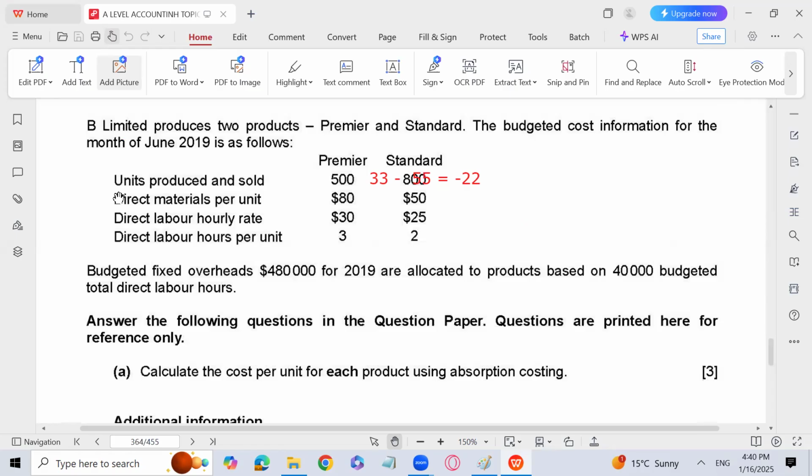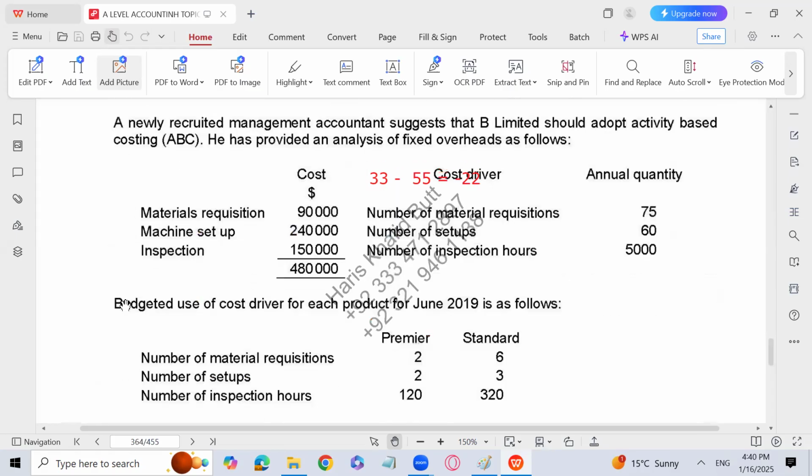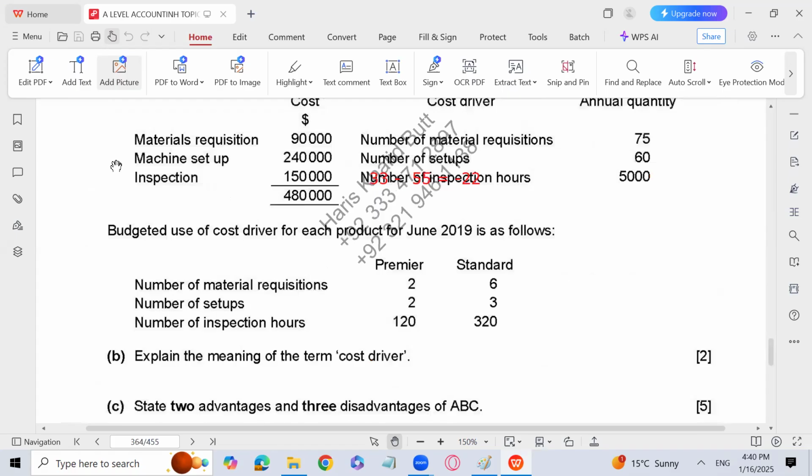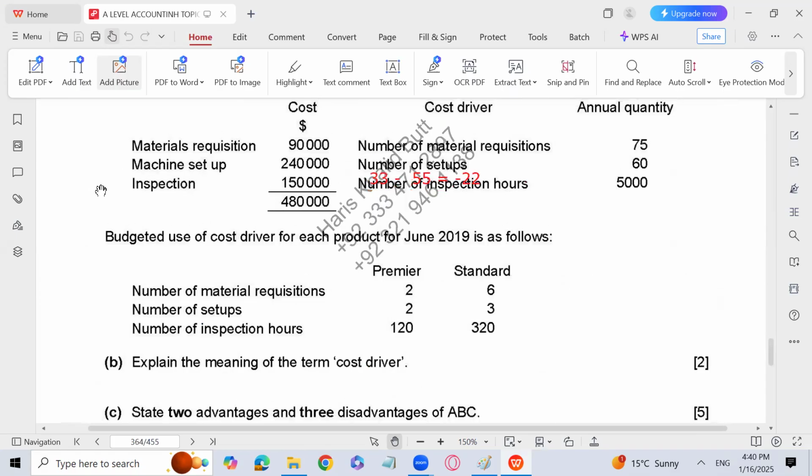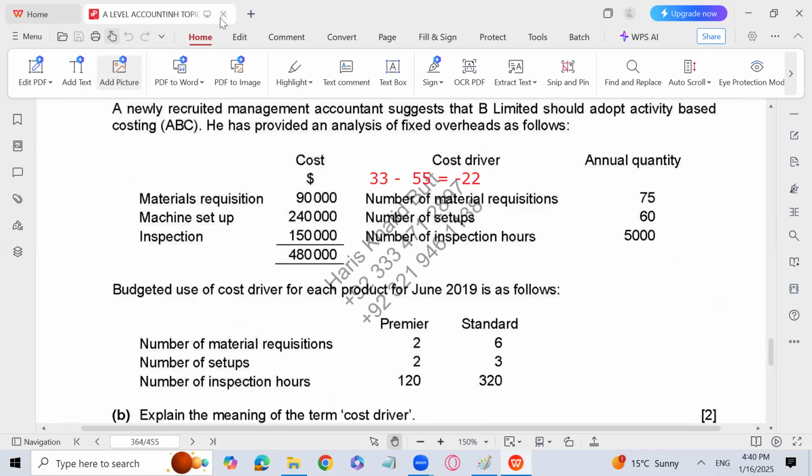This is the question which you are going to solve at home. I've given it, I believe, but if not given, then I'm making you. The most important thing in this question is that the number of material requisitions is 75, and the number of material requisitions here is 2 and 6.